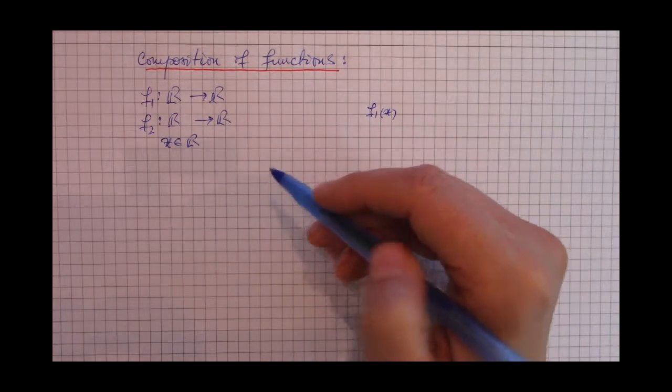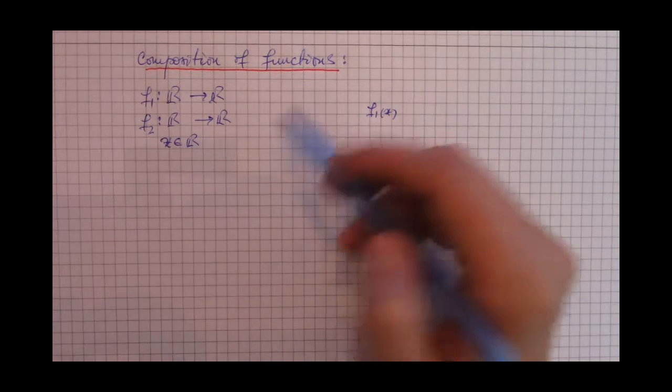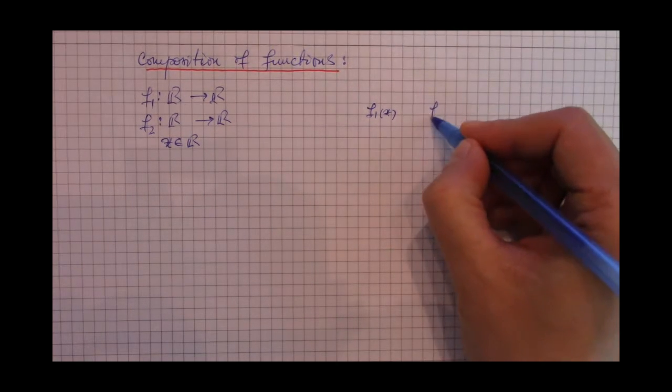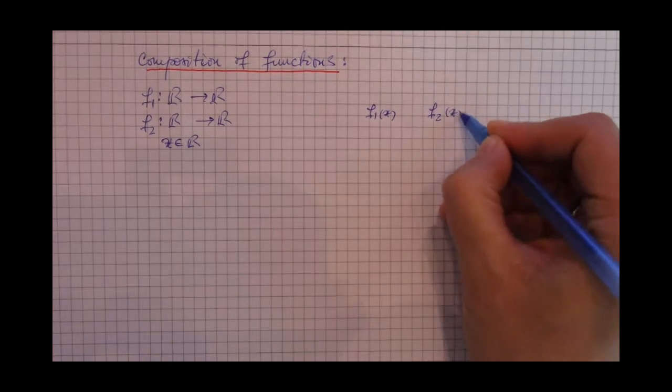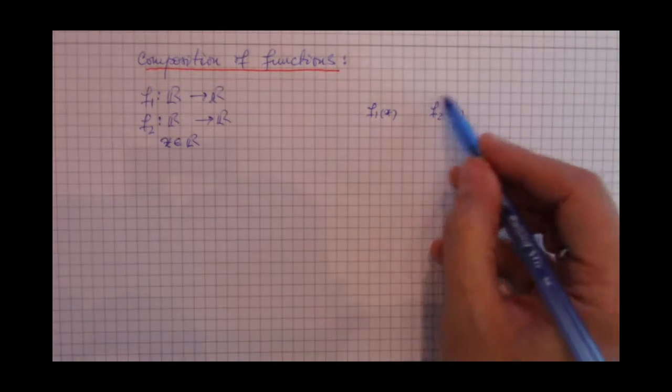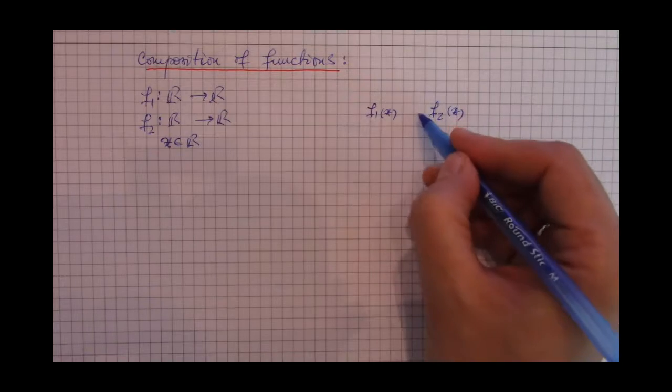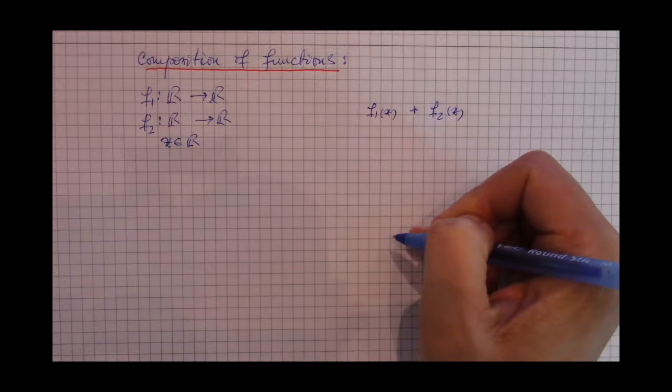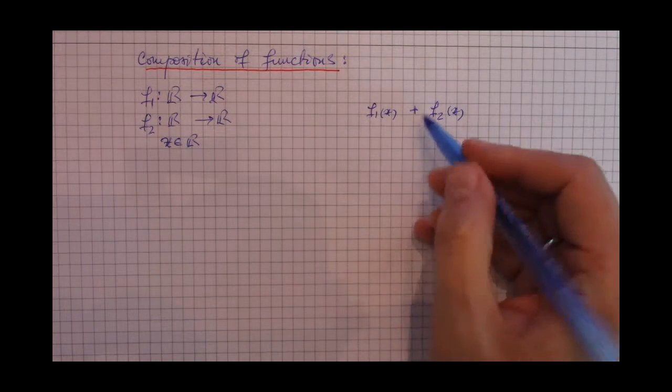The same is true for f2. f2 of x is another real number. So these two are real numbers, and for example, we can add them. All right, no problem at all.